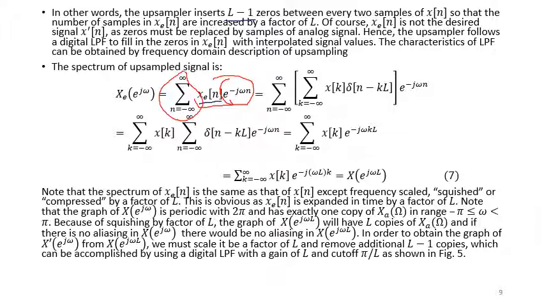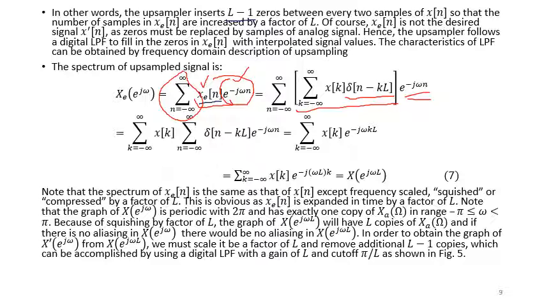From the equation on the previous slide, you know that the upsampled signal is equal to the summation, k running from minus infinity to infinity, of x of k times impulse of n minus kL. We just replace x e of n here, and that's the exponential multiplier e to the power minus j omega n as we have in the formula.